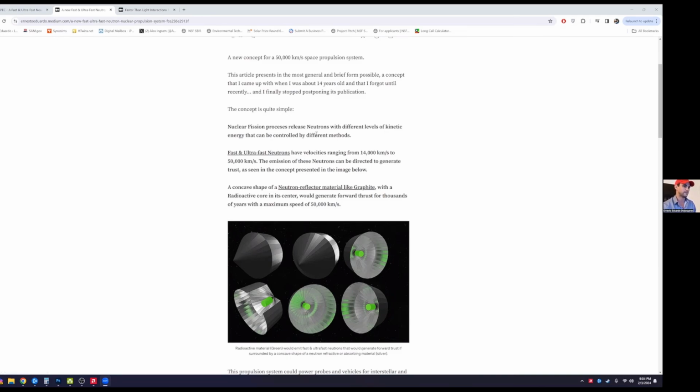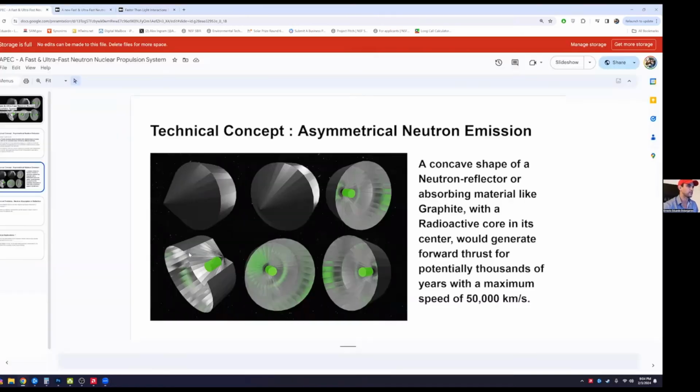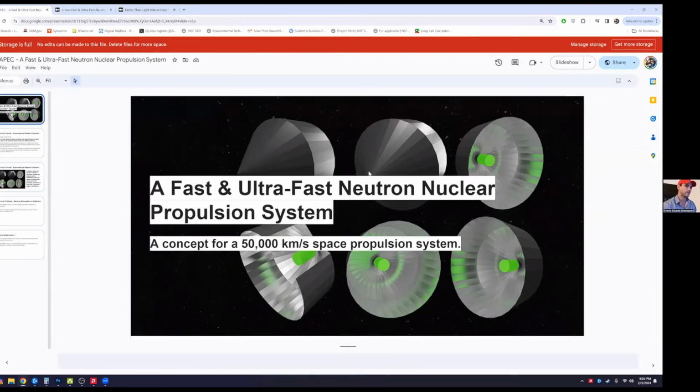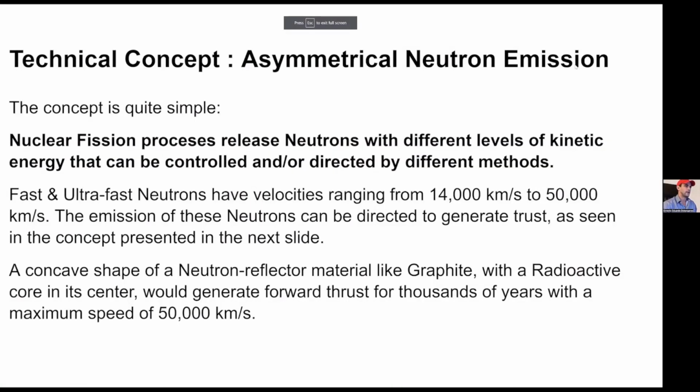I'm not using the presentation, but more or less this is it. Using the fission process, like I said, trying to redirect the neutrons in a direction that is favorable and facilitates the motion in space, following the trajectory that we want to follow.